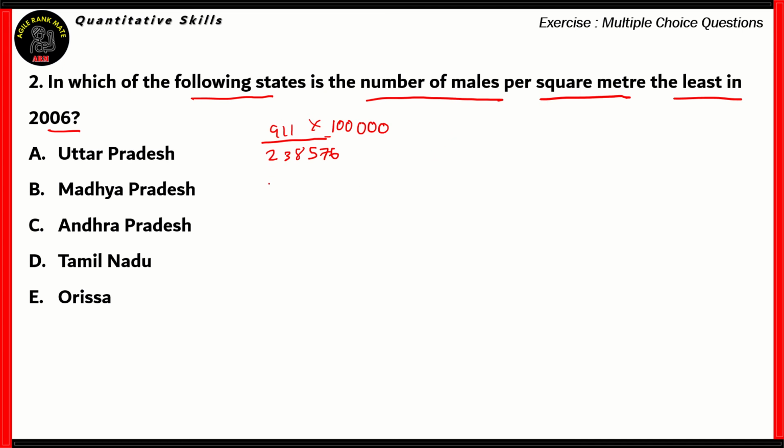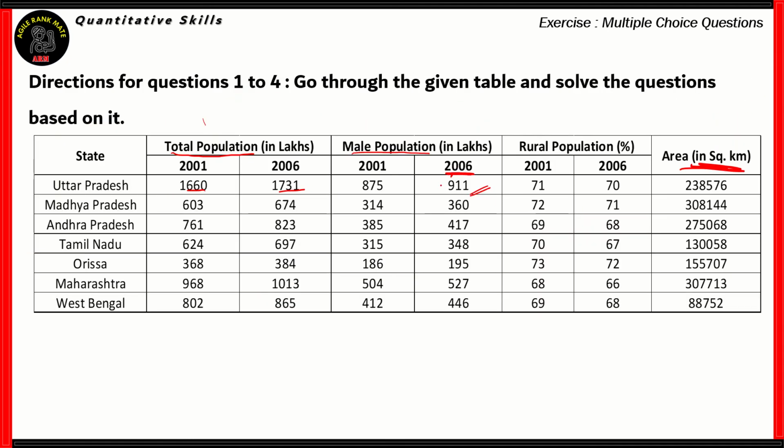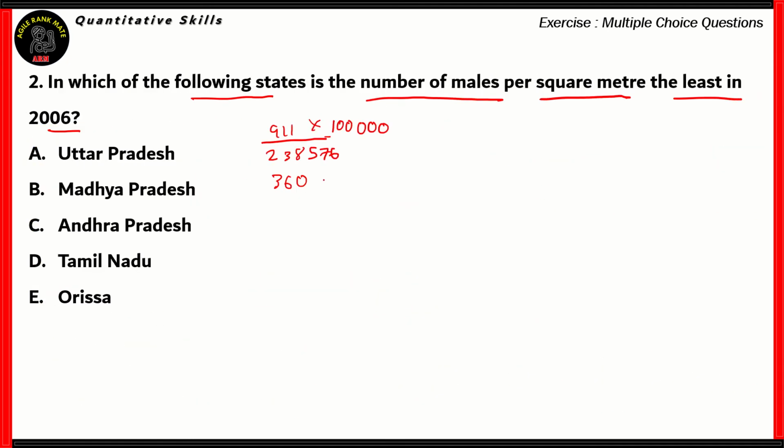Now for Madhya Pradesh, it'll be 360 lakhs, if I'm not wrong. Yes, it's 360. So 360 times 1 lakh over the area. This time it's 308,144.